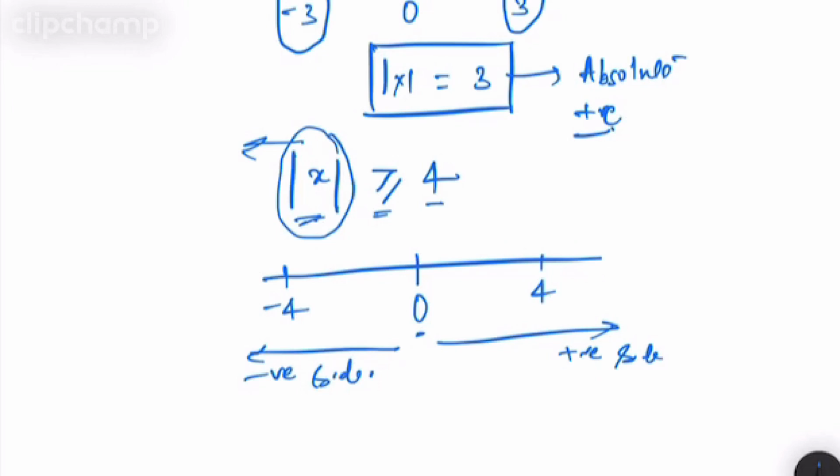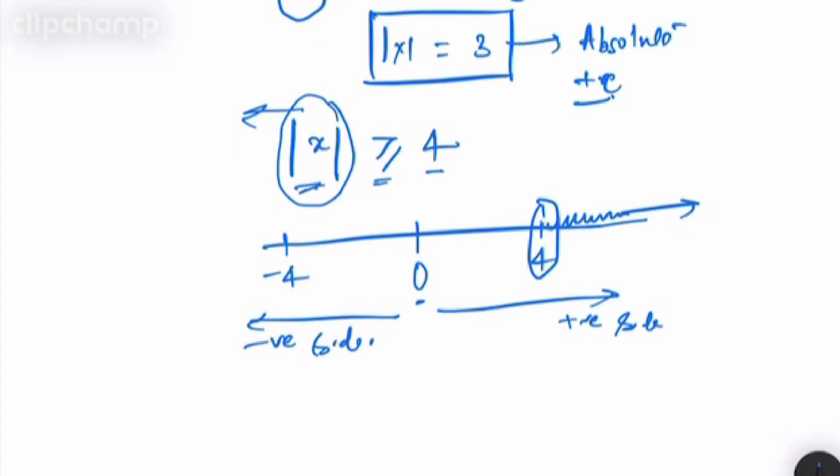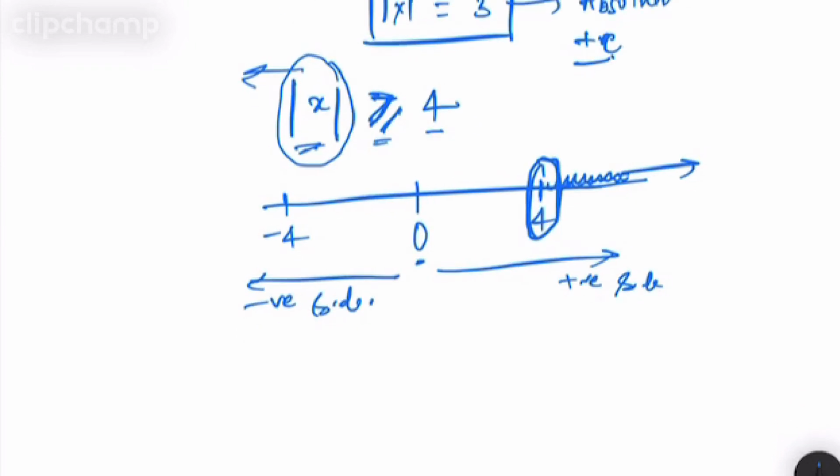We are saying that x will fall somewhere in this zone, which is either 4 or greater than 4. It can fall on number 4 itself because it is greater than or equal to, or it can fall anywhere after positive number 4, and thus it will satisfy our condition.